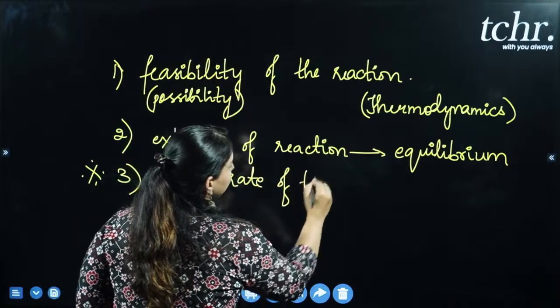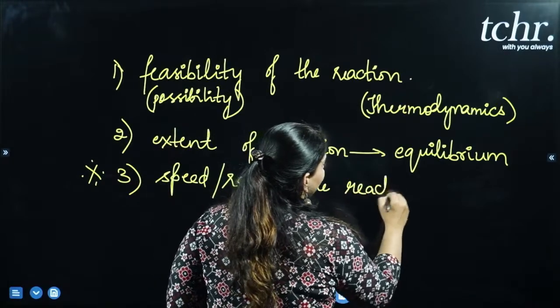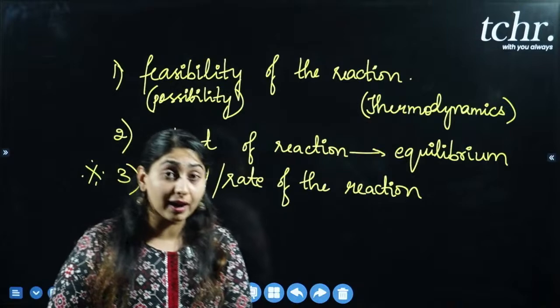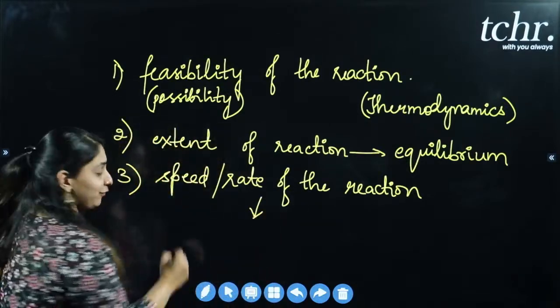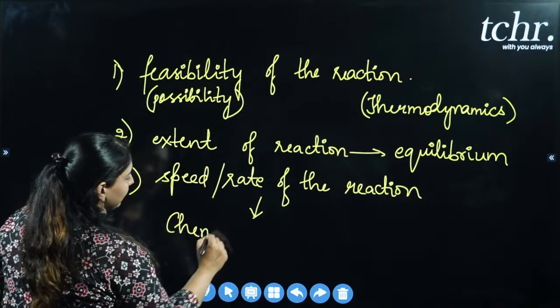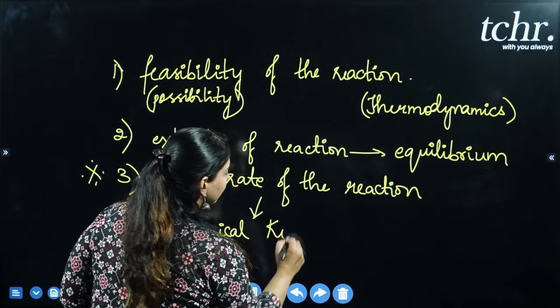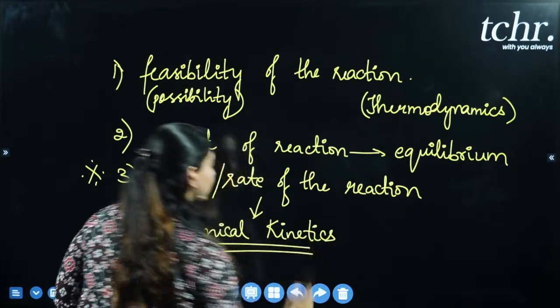So speed or rate of the reaction can be studied, analyzed and predicted under which branch of chemistry? Absolutely right. So this is going to be focused under a very important branch of chemistry called chemical kinetics. And this is what we are going to deal with in today's class, right?